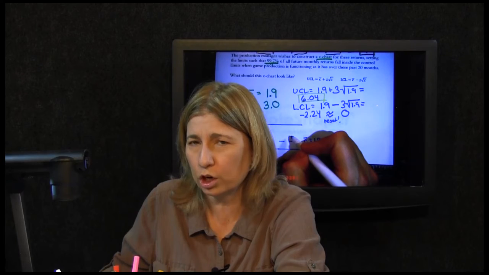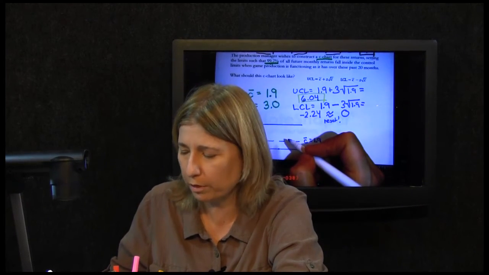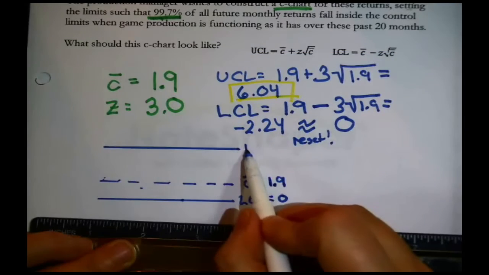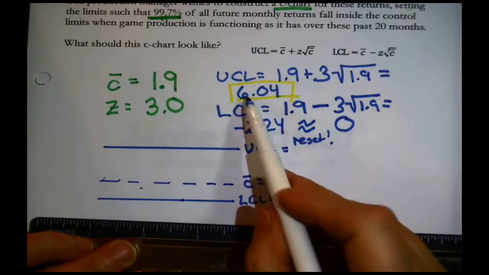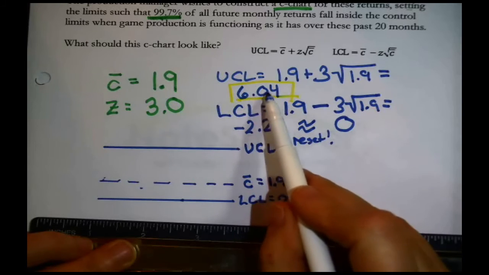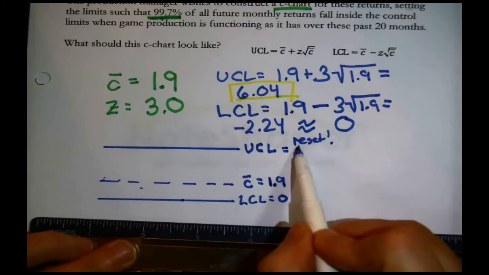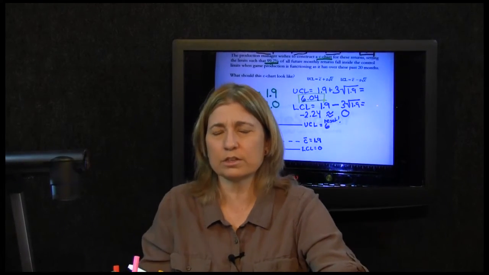They're going to be charting returned games. There was 3 this month, there was 4 this month. So the upper control limit, just a little bit of interpretation here, I mean, you could say, okay, it is 6.04 technically according to the formula, but I'm just going to go ahead and set it at 6. Because somebody's going to be using this chart, they're going to be plotting a whole number.